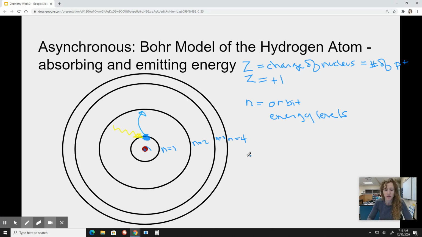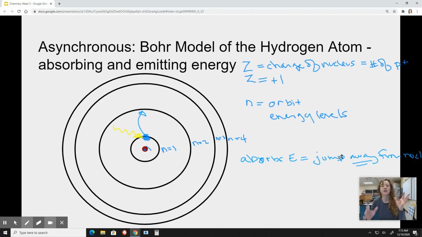So this is one of the key points you need to take away from the Bohr model: when the electron absorbs energy, the electron is going to jump away from the nucleus. I ran out of room there.